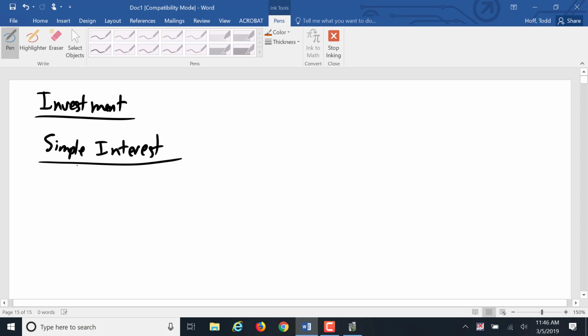In a simple interest note or a simple interest account, interest is only calculated under one of two conditions. One is at the end of the term.